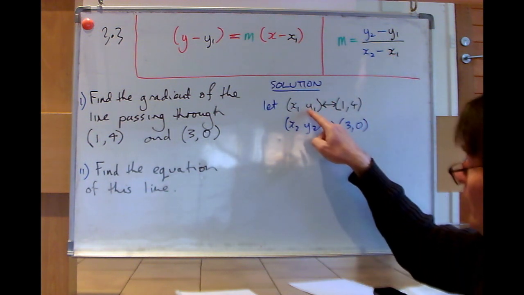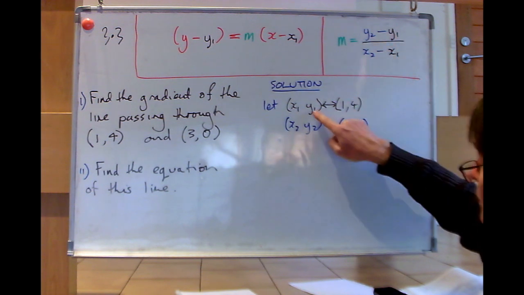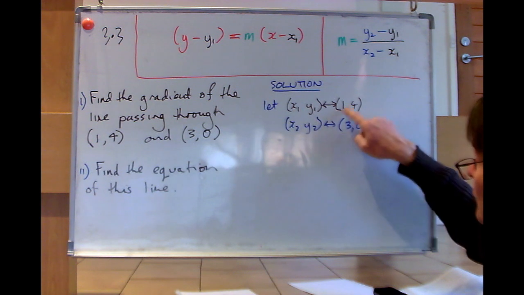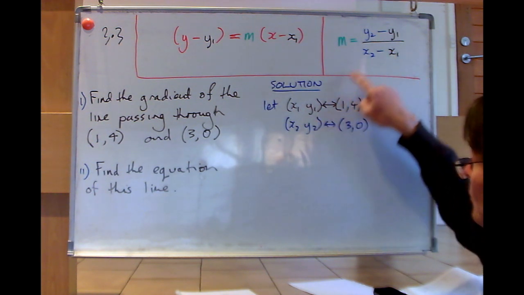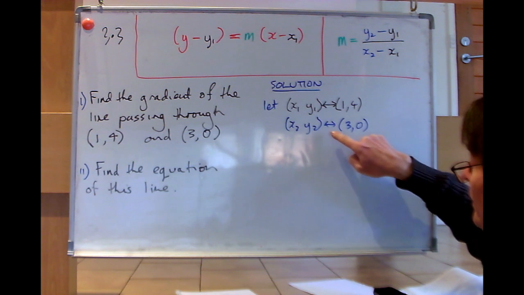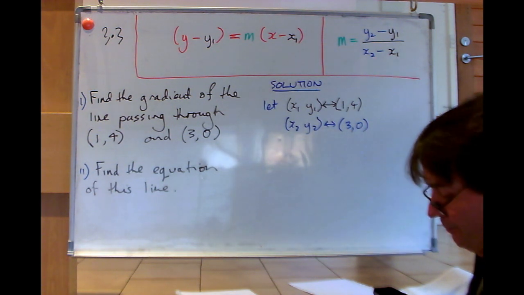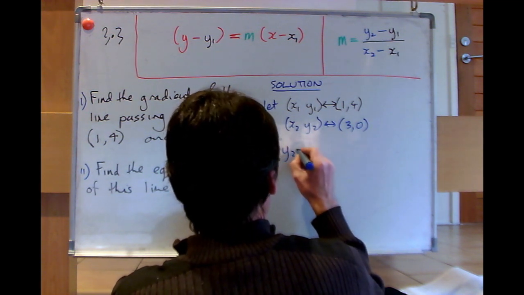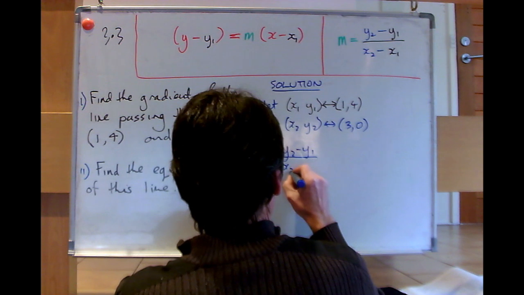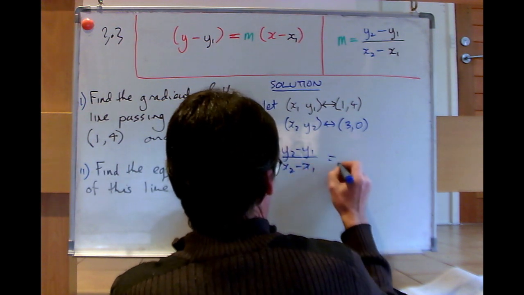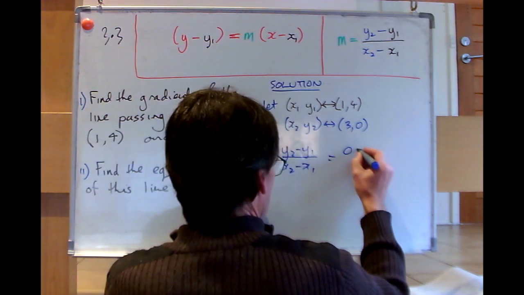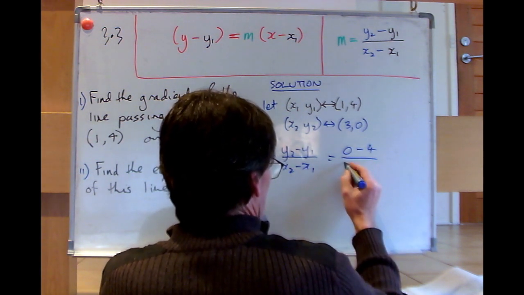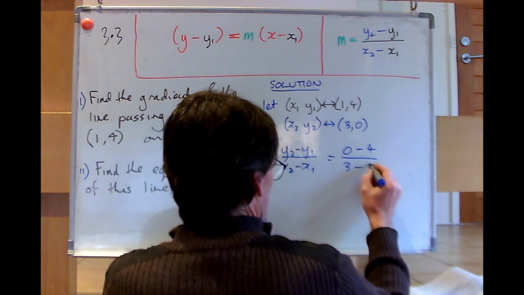So where y1 appears, I have to put the value of 4. Where x1 appears, I have to put the value of 1, y2 goes up there, and x2 goes up there. x2 is 3, take 1.